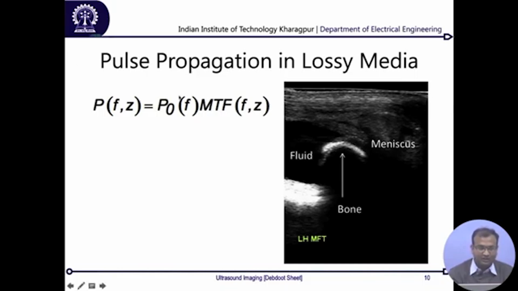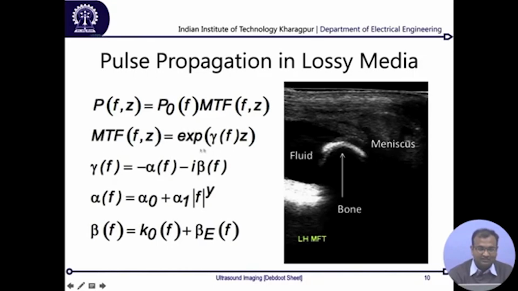If that is P naught, and say at a distance z, along this length is z, which we had seen, at a particular point at a distance of z, what is the total power received, and that is the product of this one multiplied by this material transfer function. This material transfer function has two attributes, the frequency and the z direction together.